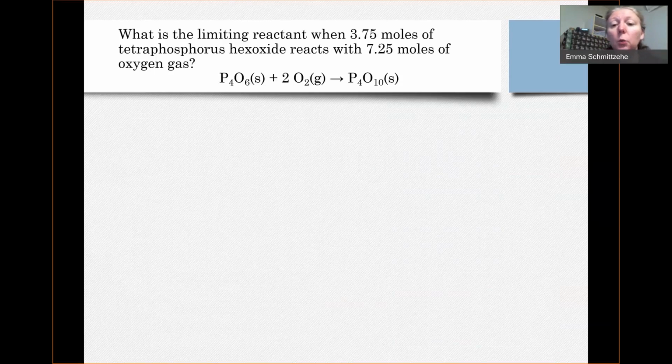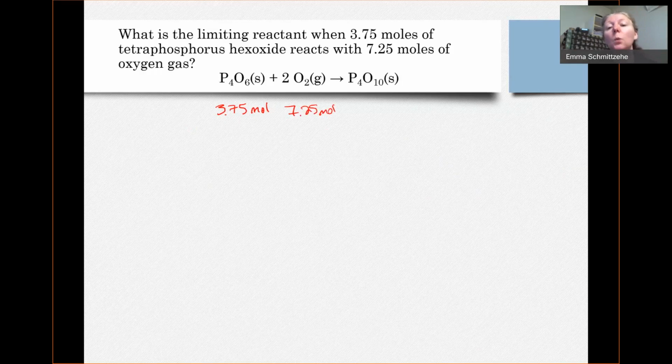So we have 3.75 moles of P4O6. I'm going to list that below so I keep this straight. And my O2, I have 7.25 moles. I want to know which one of those is limiting, meaning which one runs out, or which one limits how much product I'm going to get.